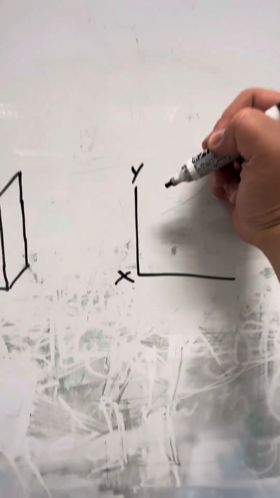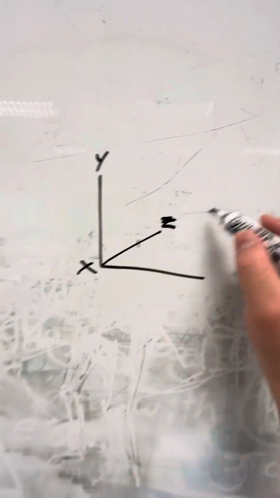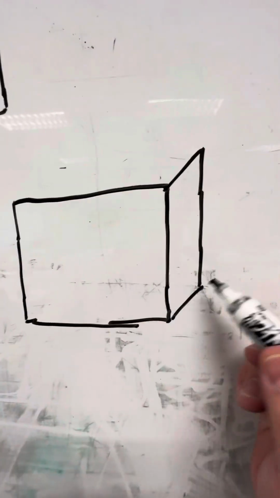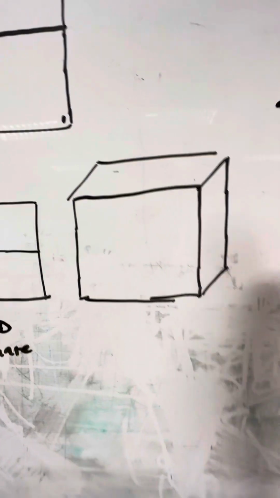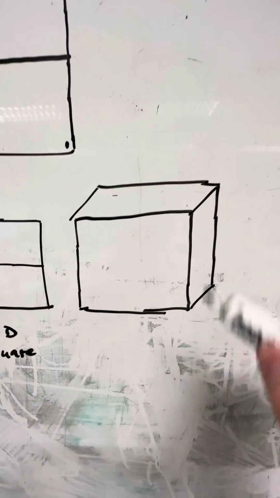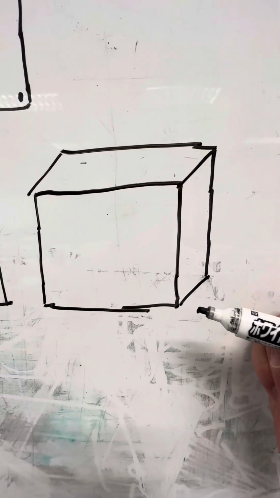I mean, in 2D, you have x-axis, y-axis. In 3D, you add the z, the z that goes towards the back. So there we go, a cube, right?